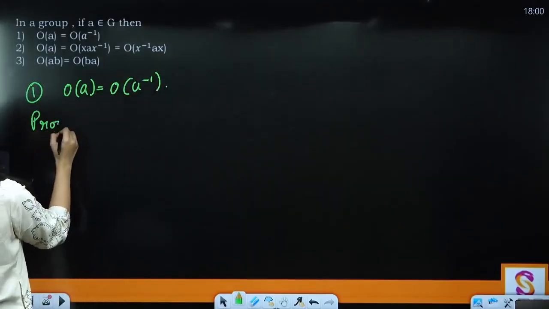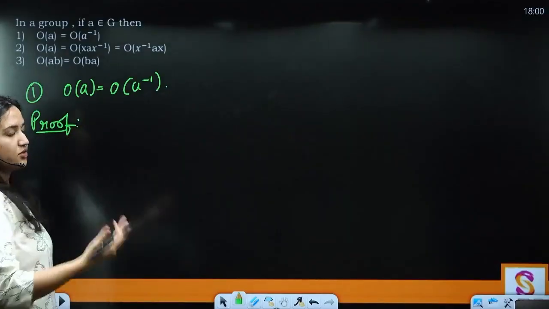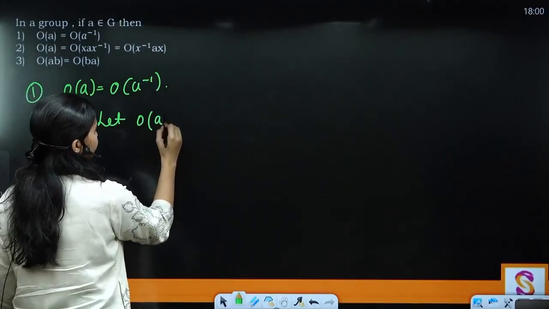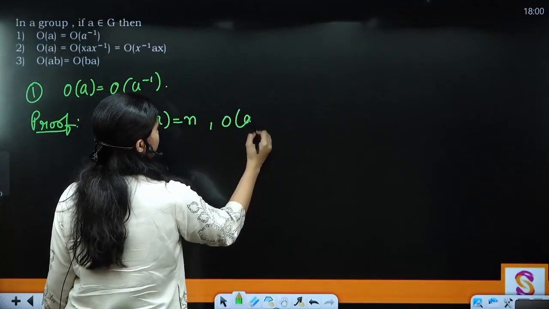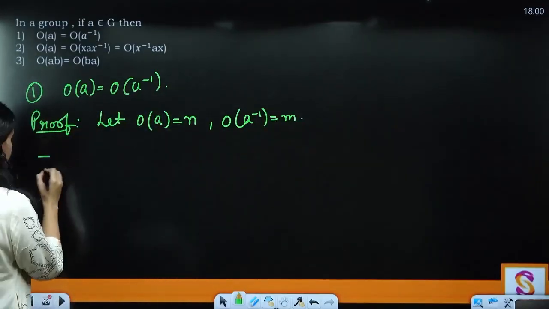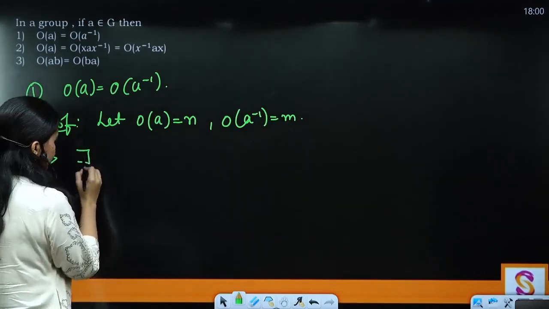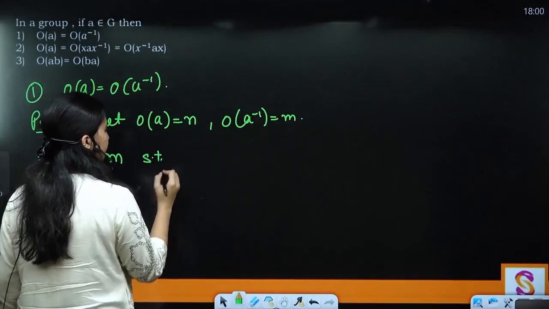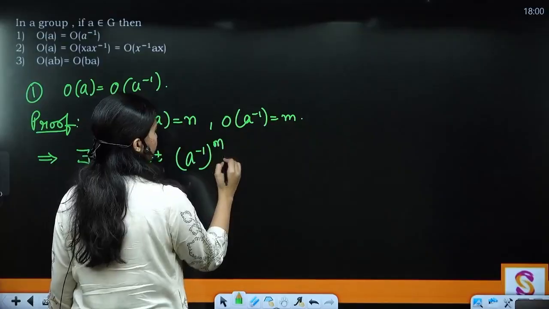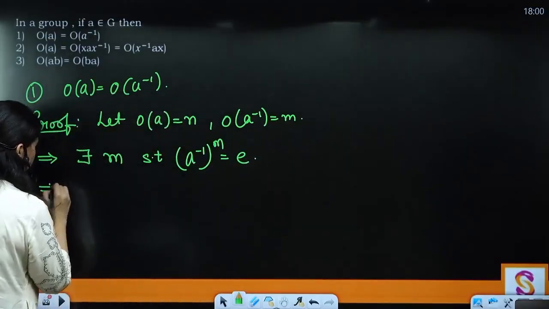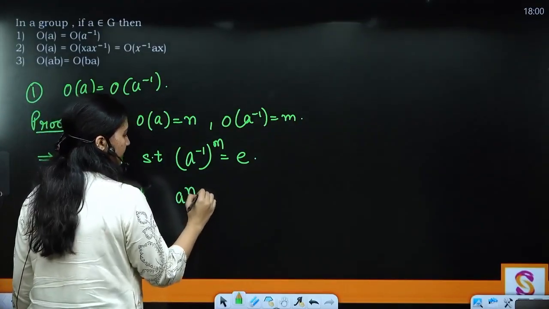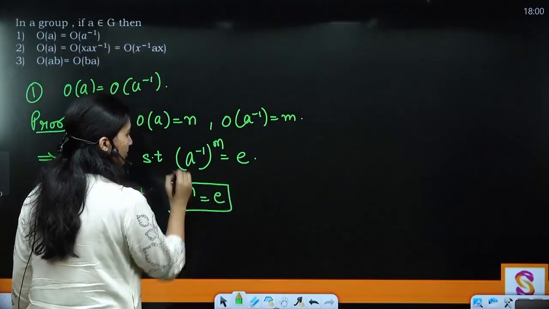Now proof. Again contradiction से prove करेंगे. Let order of A equal n and order of A inverse be m, right? So this implies that there exists m such that A raised to the power minus 1, to the power m equals E, and there exists n such that A raised to the power n equals E. Any problem?